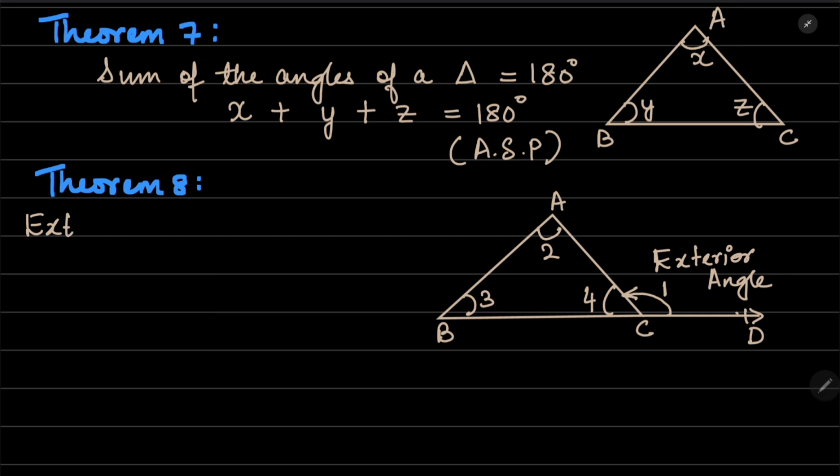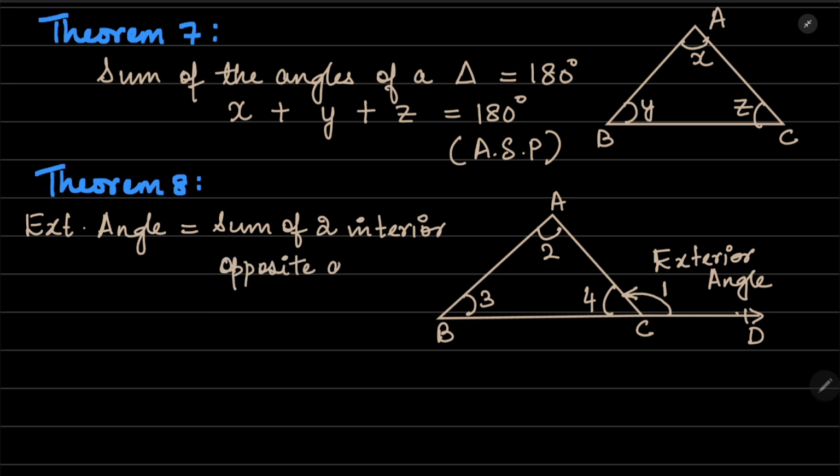Exterior angle is equal to the sum of two interior opposite angles.